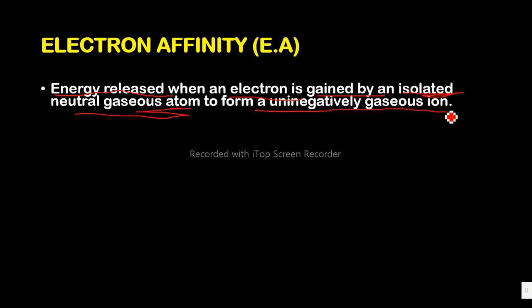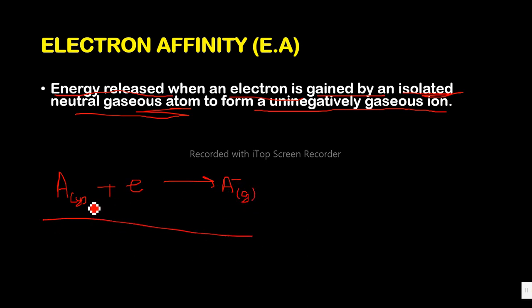And this is what we are talking about. You have your gaseous atom, and the gaseous atom receives an electron to form what we call a negatively charged gaseous ion. If this happens, then this is electron affinity. But for ionization energy, it's the reverse.